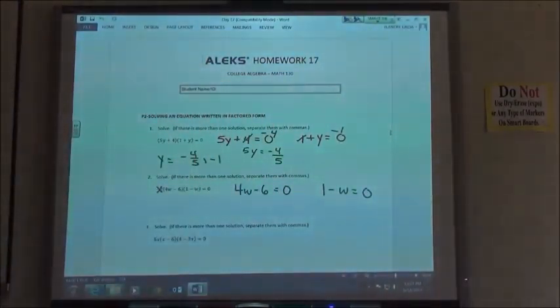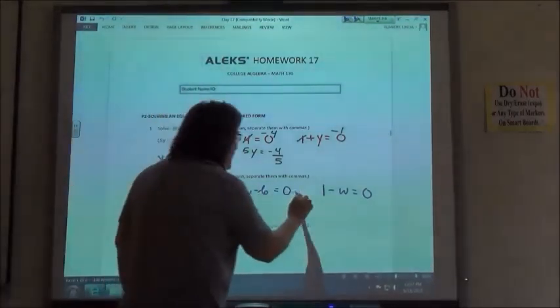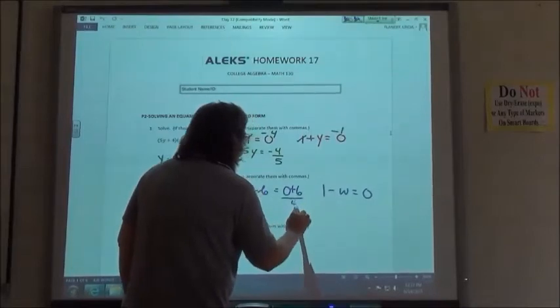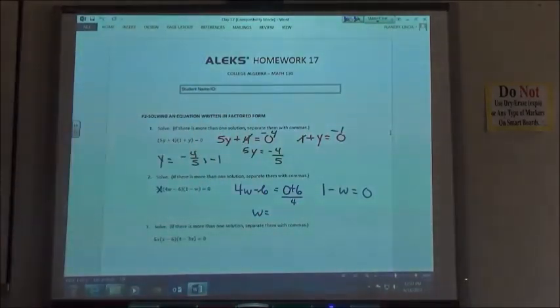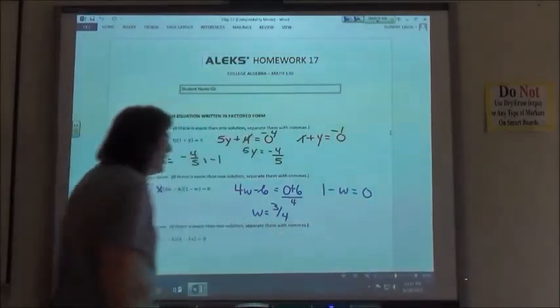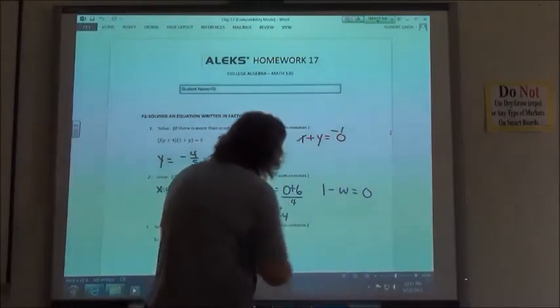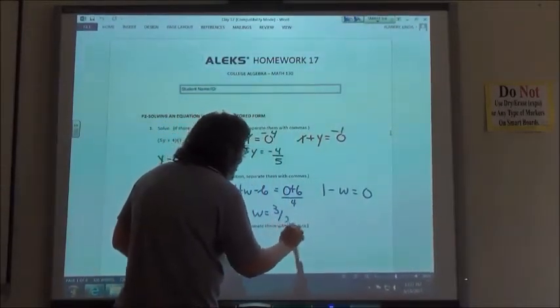So if we're going to solve the first one, we would add 6 and divide by 4, so w is going to equal 3 halves. 6/4 reduces down to 3 halves. I write 3 halves. 3 over 2, there we go.